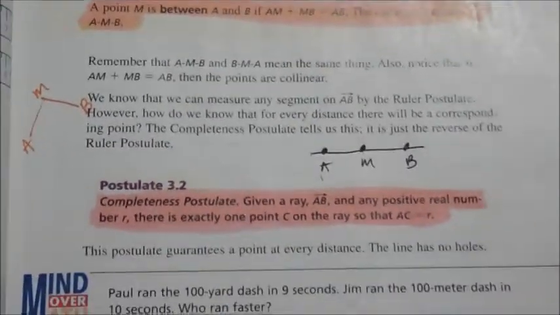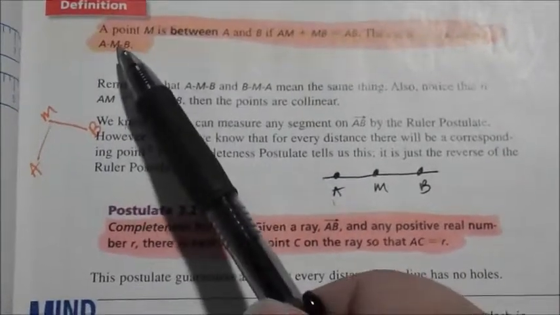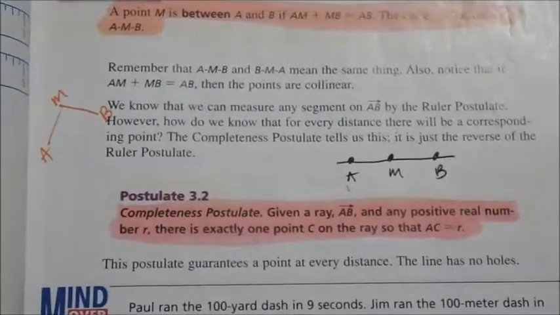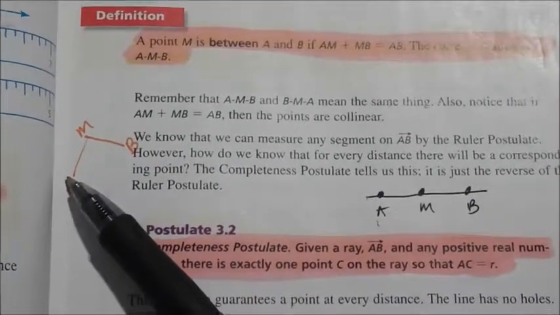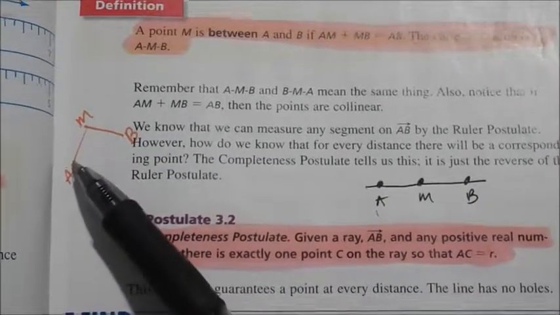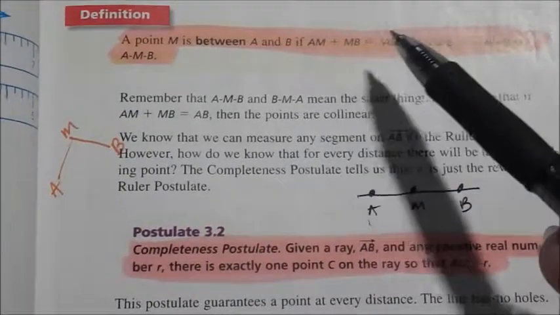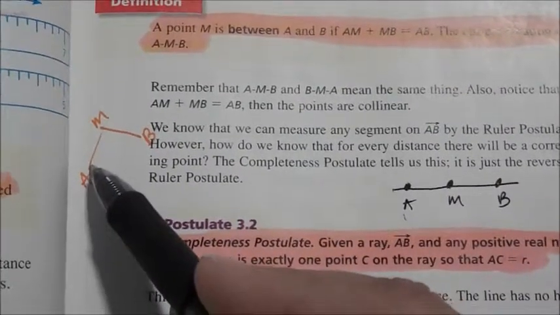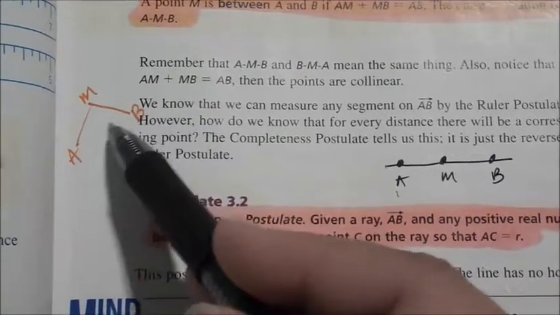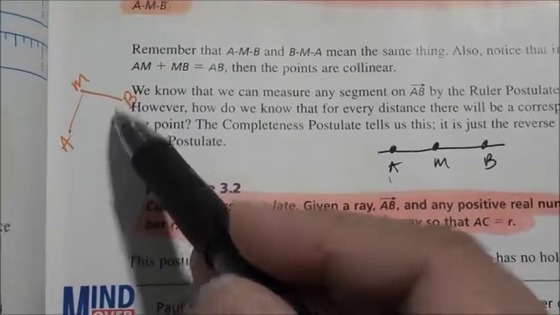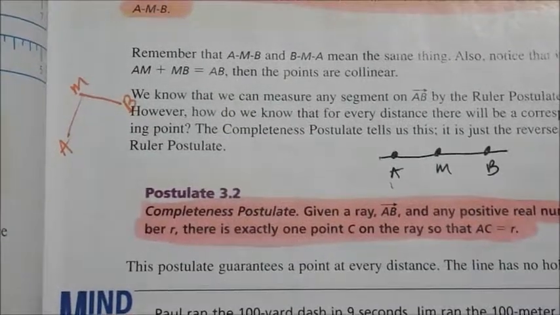So you do want to know that A-M-B means M is between. So this is not true. This is not between. First of all, because A to B is going to be directly right here. That's not even part of our picture, but you wouldn't have the same lengths.